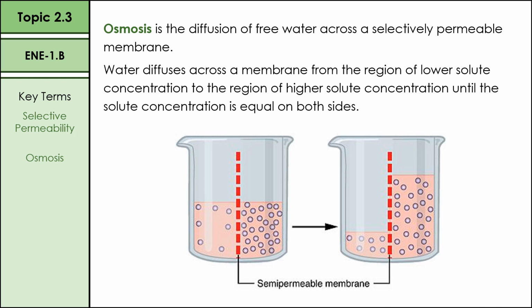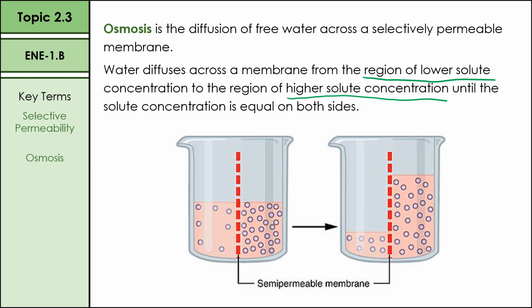Water behaves in a different way compared to what we're talking about when we're talking about molecules diffusing. What's important to note, and there are a couple of different ways that we can describe this, is that water moves from a region of lower solute potential or solute concentration to a region of higher solute concentration.